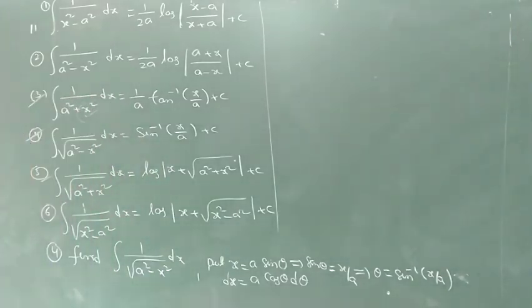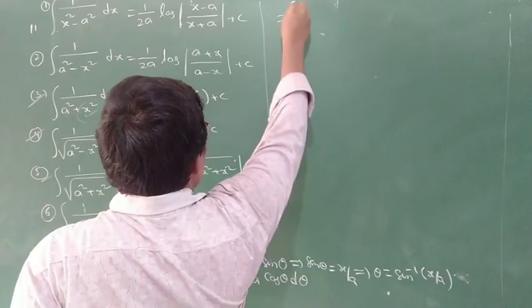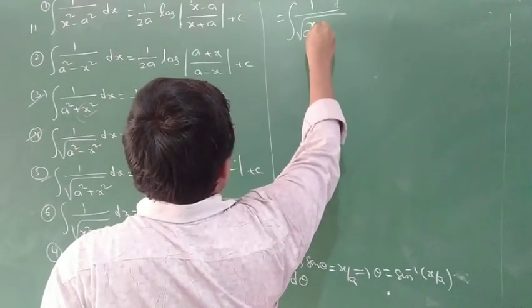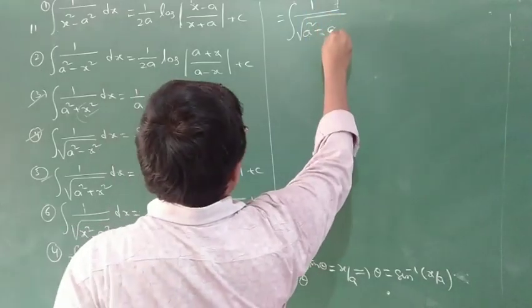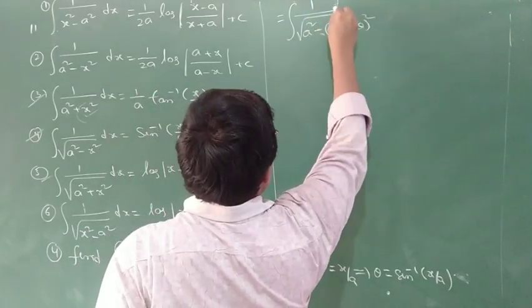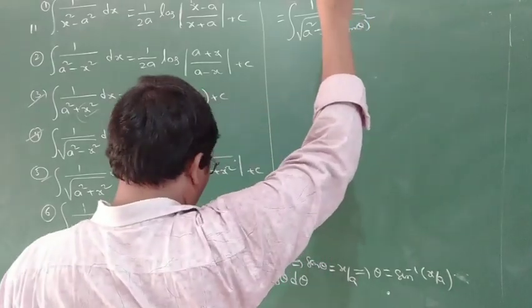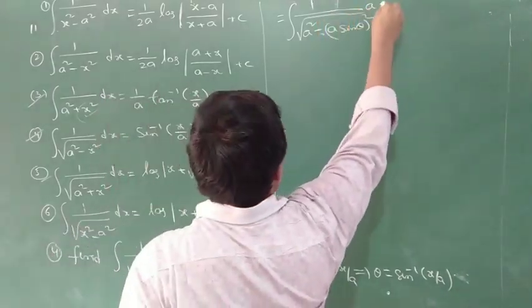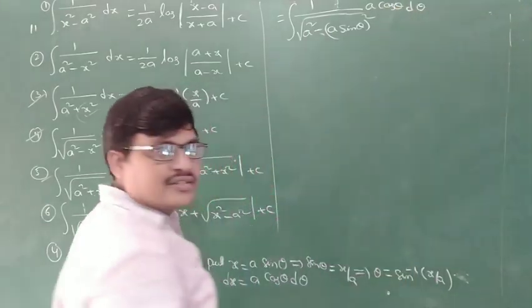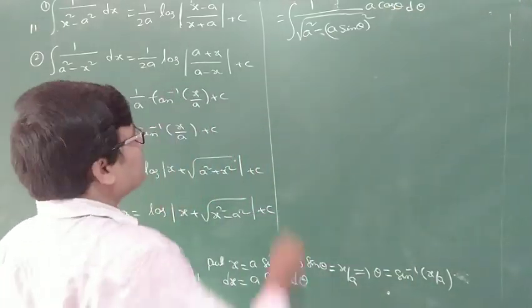Okay, next. Here x is equal to a sin theta, so the integral of 1 by root of a square minus x square dx. With x equal to a sin theta, dx is equal to a cos theta d theta.